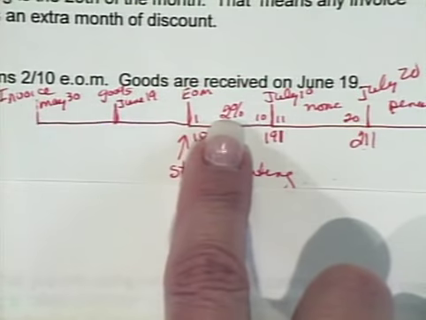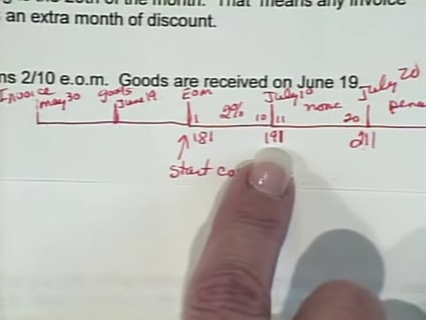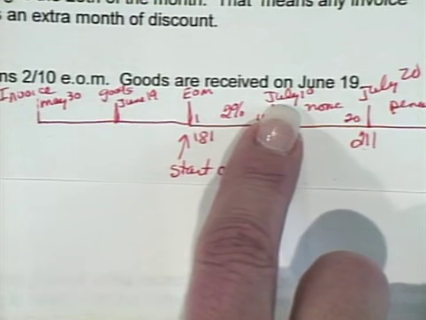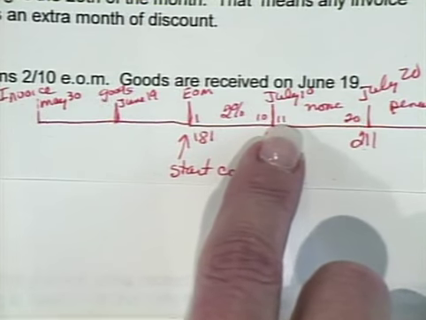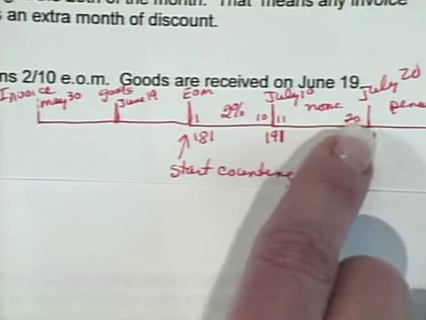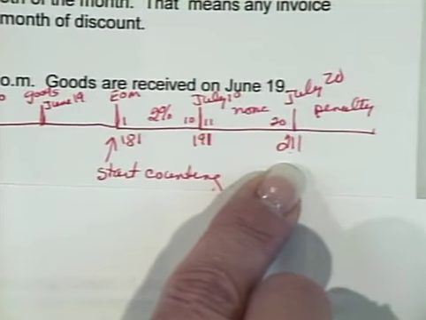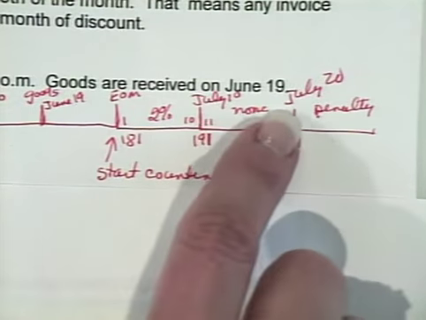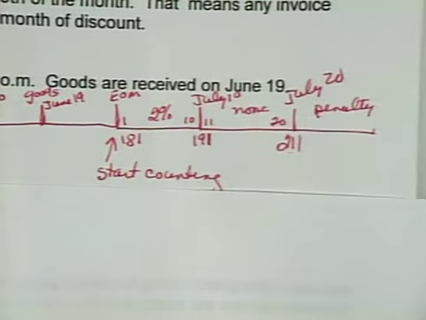I get a 2% discount for 10 days. My discount ends on day 191, which is July 10th. When is the net due? 20 days later on day, well, that'd be day 211, which is July 20th. After July 20th, I owe a penalty.